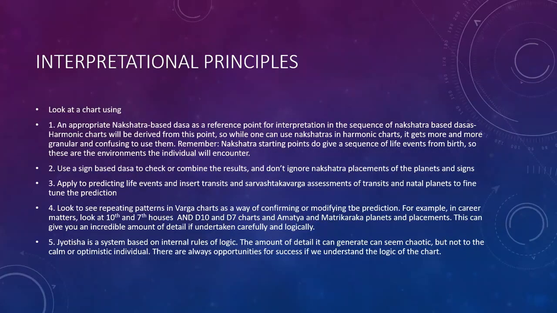But I find this is already a complicated system. There's already a great deal of depth to it. So let's say if you go into Krishnamurti Paddhati and you use the Placidus house system, that's great.